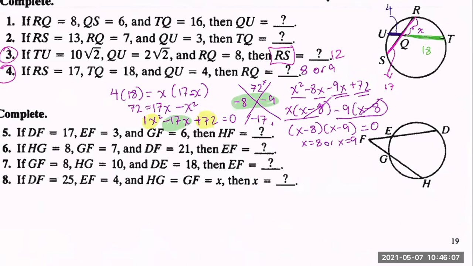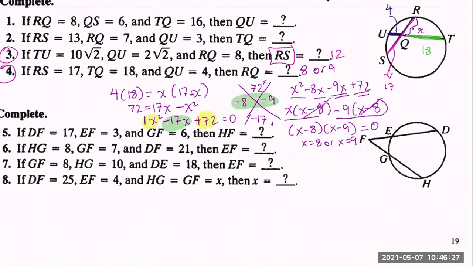And that makes sense because if you think about the equation that we set up, if x is 8, then the other piece must be 9. If x is 9, then the other piece must be 8, both of which have a product of 72. Okay, so that's your answer for that one.